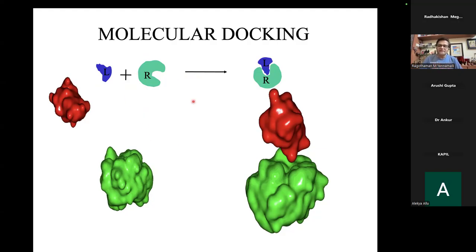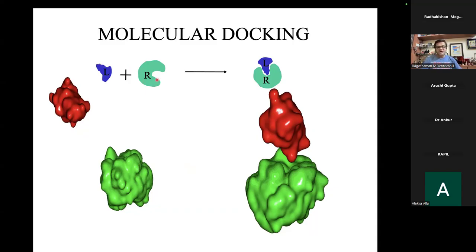Now, one thing that will pop up to you in this screen, and even in the example of Shrek and Donkey, is that Shrek is a bit larger than Donkey. Similarly, the green object here is larger than the red object. Receptor is larger than the ligand.